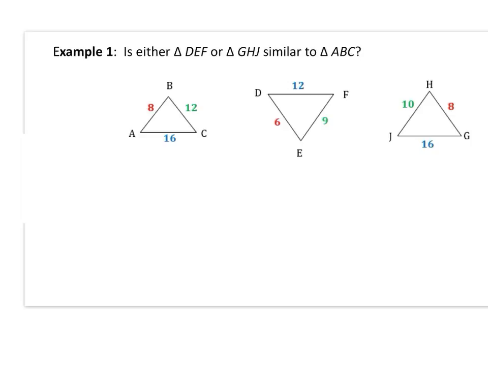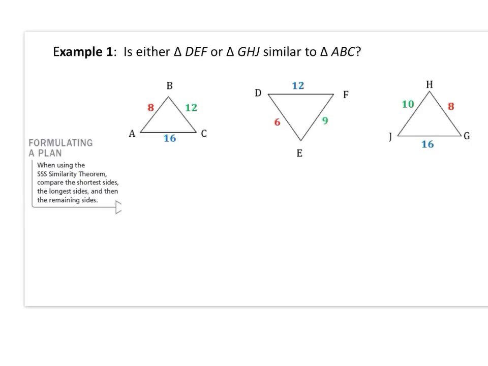So if we notice, all the red side lengths are the shortest lengths within each triangle. And then the blue lengths appear to be the longest side lengths between each of the triangles. So this is really important because that's how you want to plan out how to set up your proportion.